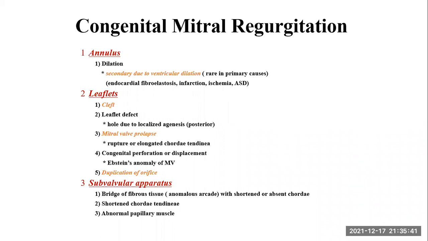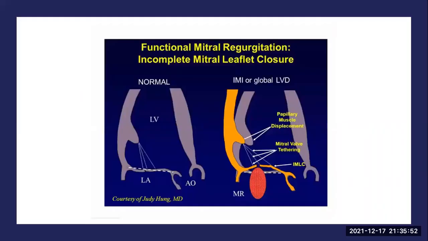And third, the subvalvular apparatus: bridge of fibrous tissue, anomalous arcade, shortened chordae tendineae and abnormal papillary muscle. So this is in case of ischemia. We have functional mitral regurgitation with tethered mitral valve and papillary muscle displacement.